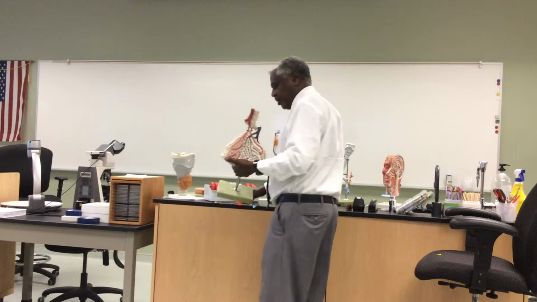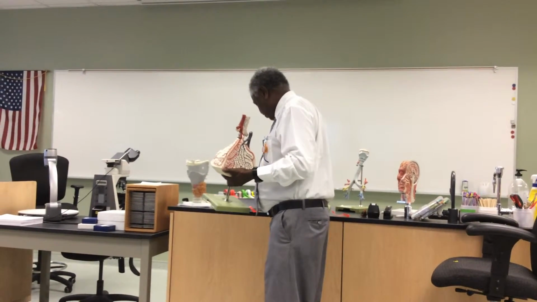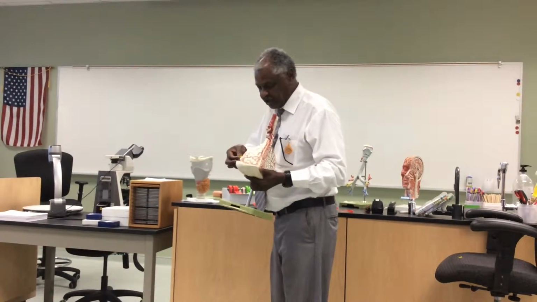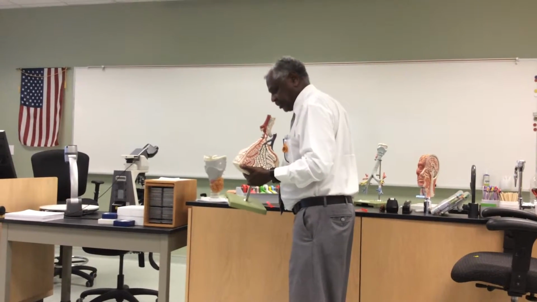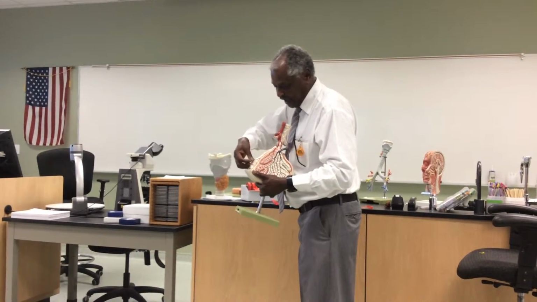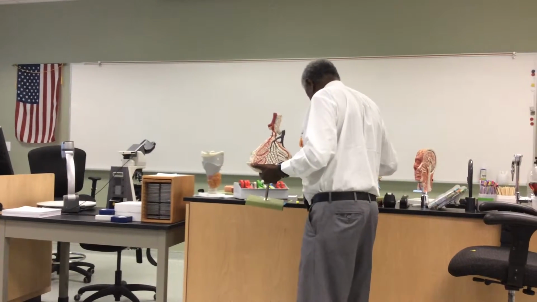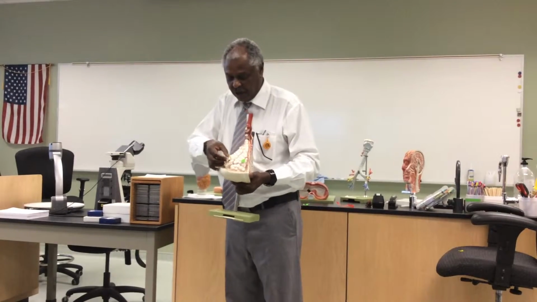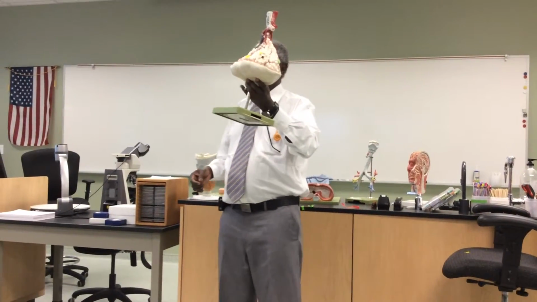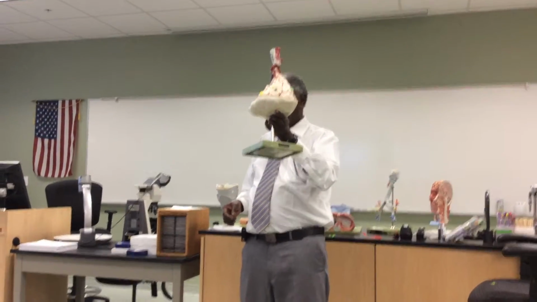Now, if you follow me here, if the label is on any one individual spot, like this, or like this, or even like this inside here, any one of those, that is an alveolus. Alveolus. Okay?